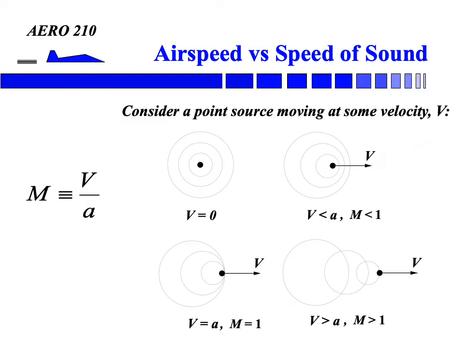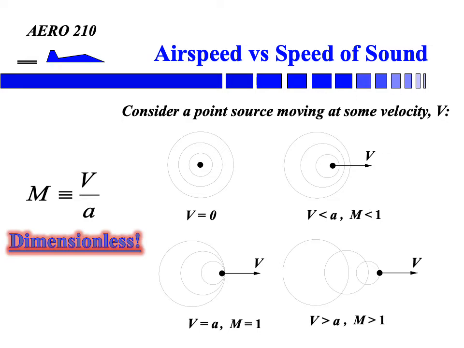And if the velocity is a free stream velocity far from the body, measuring the relative motion of the air far from the body relative to the body's motion, then we call that Mach number the free stream Mach number.